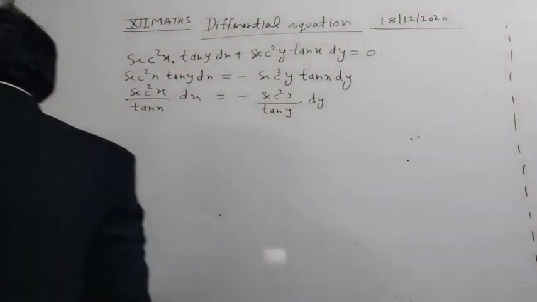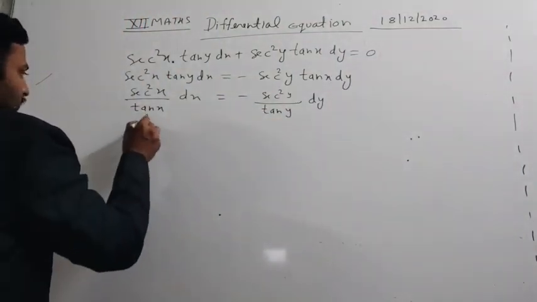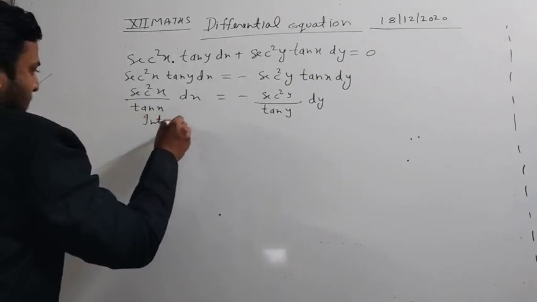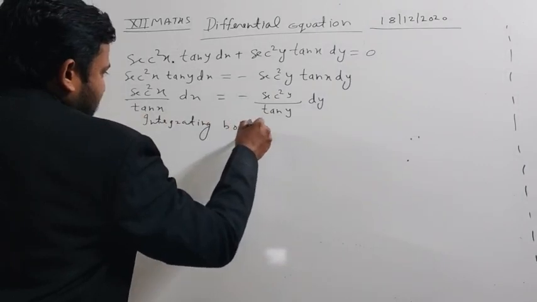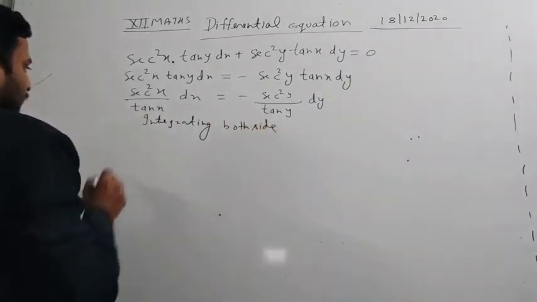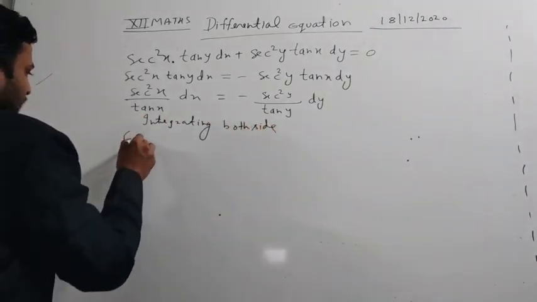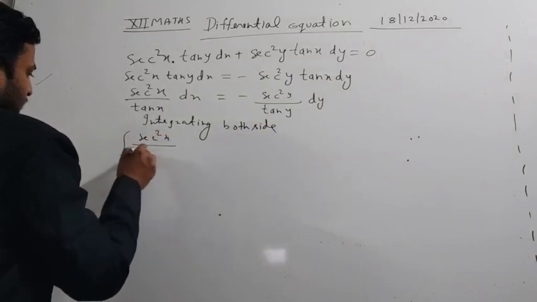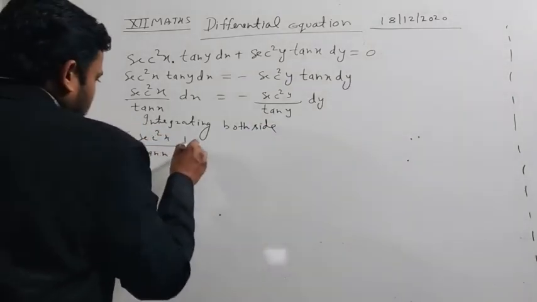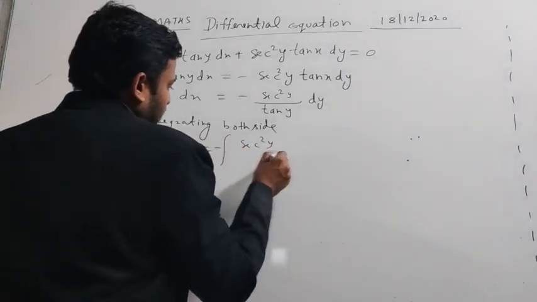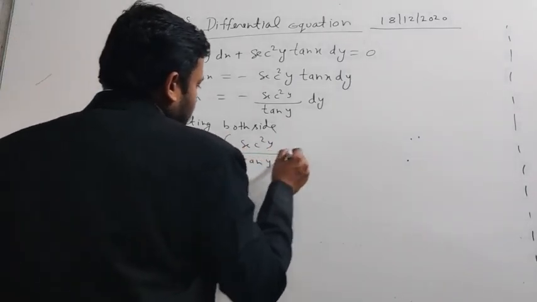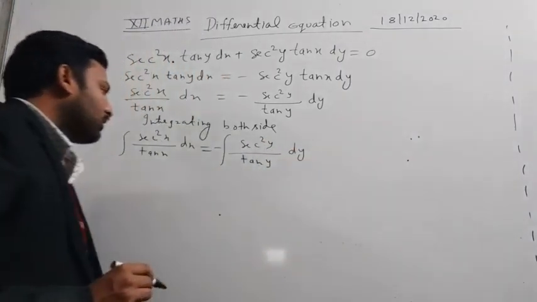Now we will integrate this. So we write integrating both sides. Okay, so we write the integral of sec square x by tan x dx and the integral of sec square y by tan y dy. Okay, student.